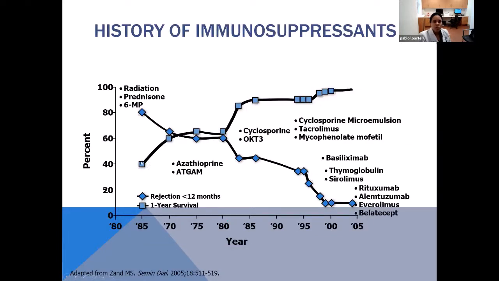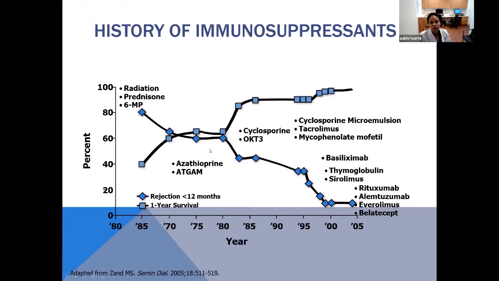So with the newer immunosuppressions, we have made remarkable improvement in decreasing rejection and improving graft survival. When we first started doing transplant, they used to do just mercaptopurine, prednisone, radiation, and at the time there was 80% one year rejection and only 40% 1 year graft survival.